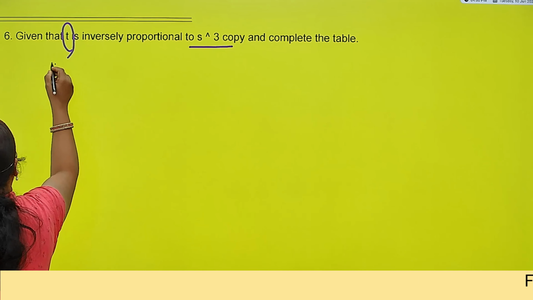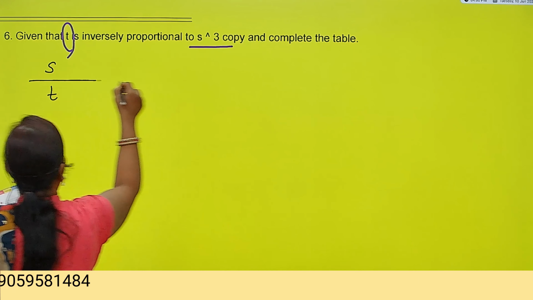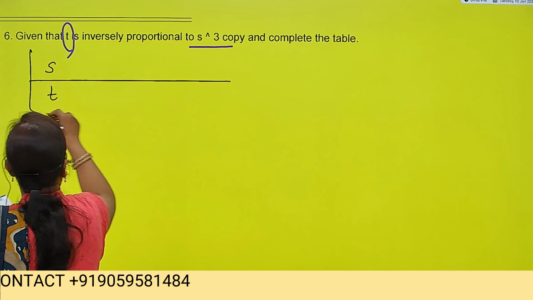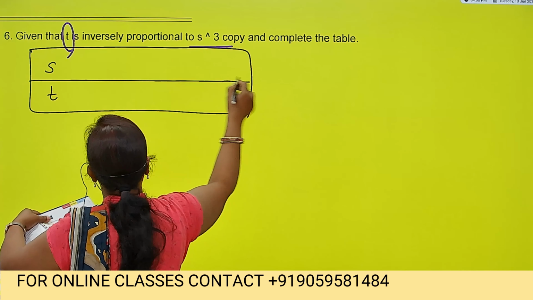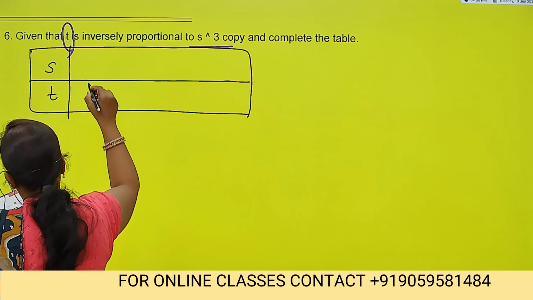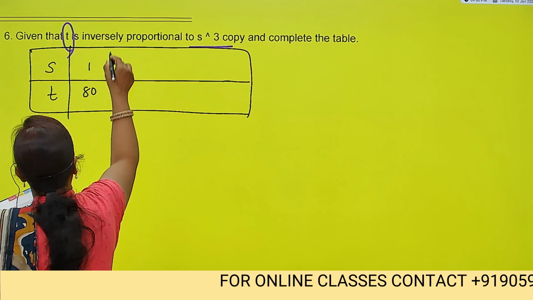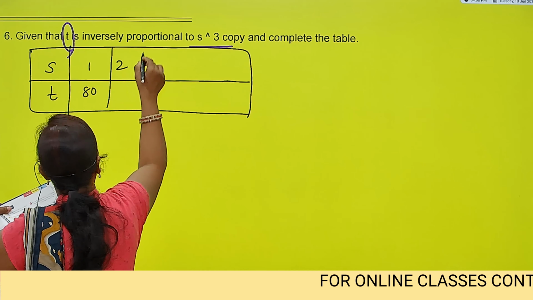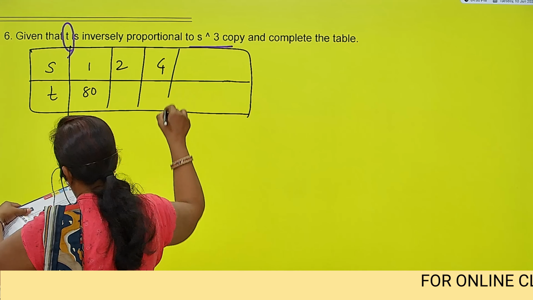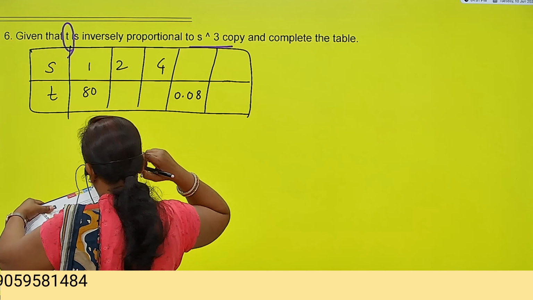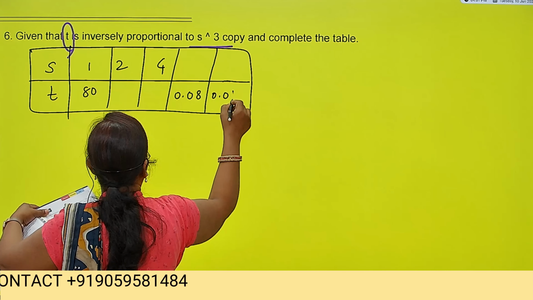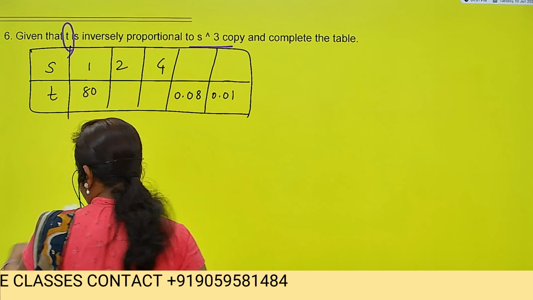S equals 1, 2 blank, 4 blank, and T equals 80, blank, blank, 0.08, 0.01. Okay.